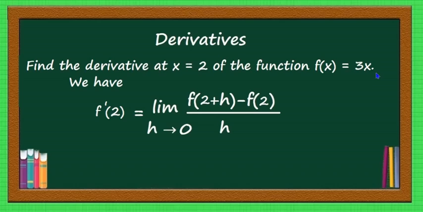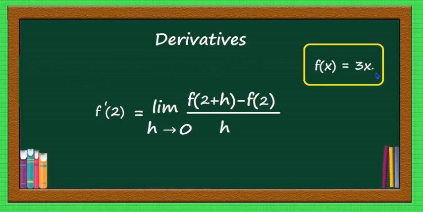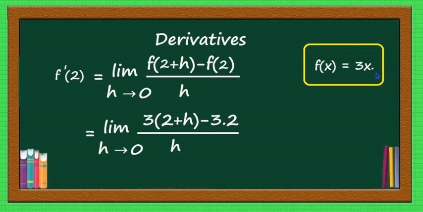And you know that f of x equal to 3x, it is given. And what is f of 2 plus h? In place of x, 2 plus h is there. That is equal to limit h tending to 0, 3 into 2 plus h minus 3 into 2. F of 2 plus h is equal to 3 into 2 plus h.